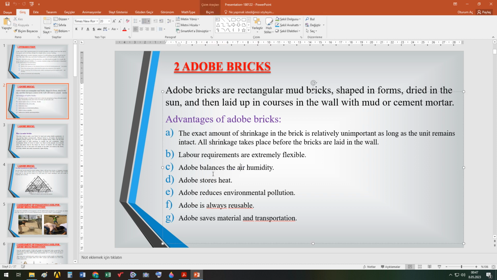That's why it is the preferred structure. Adobe stores heat. Adobe reduces environmental pollution, and it's easy. Always reusable. Saves material and transportation. You can reduce your transportation expenses because you will use the soil where you will build your house.